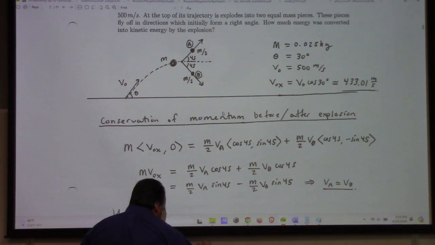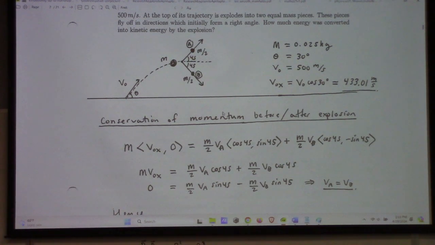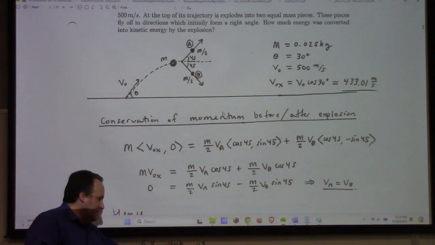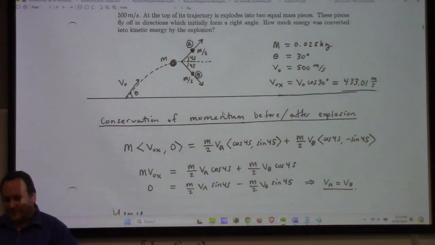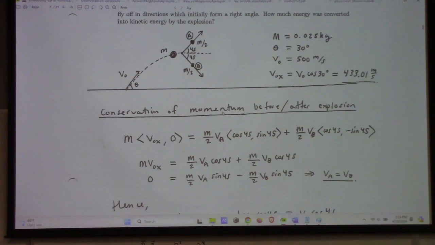So if you think about that formula, it's fairly obvious that we're increasing the kinetic energy after the explosion, because the x momentum is the same before and after. So you've got that same kinetic energy in the x direction, but you've got additional y kinetic energy. So it makes sense, intuitively speaking, that an explosion releases kinetic energy.